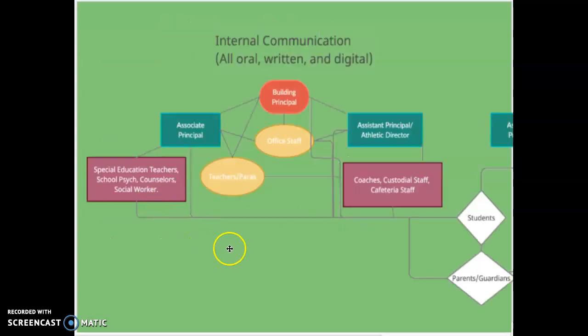Here's a look at the internal communication side of my chart, and you'll see that the administrators' roles are divided so that our associate principal and building principal do most of the primary communication with teachers and paras. Our associate principal handles all the special education side of communication with students, parents, support staff.